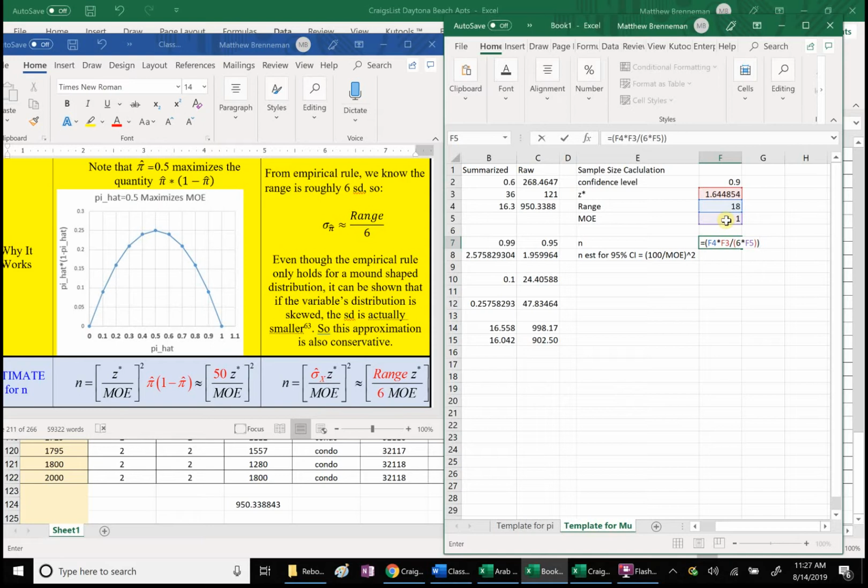If you don't, you're going to get the wrong answer. In this particular case, you'd probably get the right answer because the margin of error is 1, but in general, it's not going to be. And then I square that whole thing.